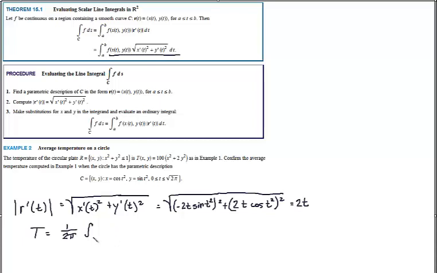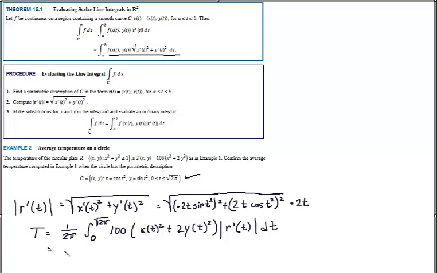That means my limits of integration, noting that my t goes from 0 to square root of 2 pi, and then I will have 100 times x of t squared plus 2y of t squared times the magnitude of the derivative of my r vector, and then dt.